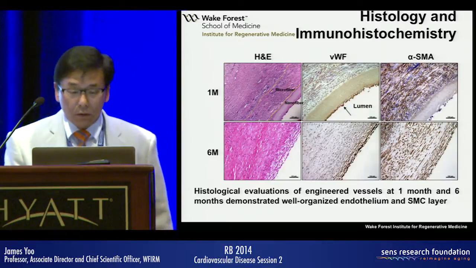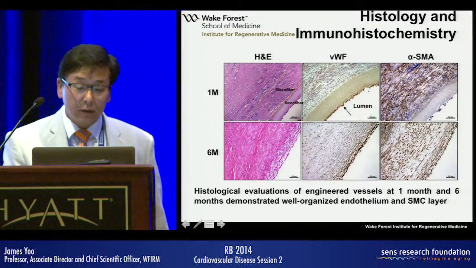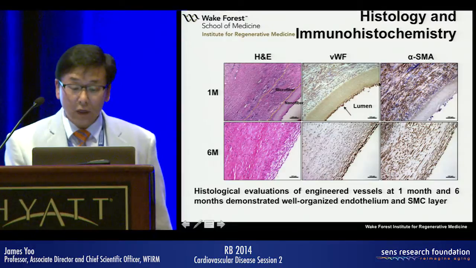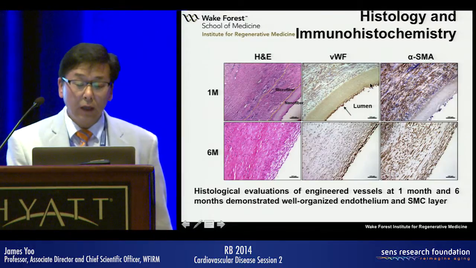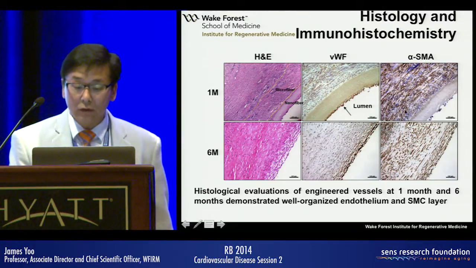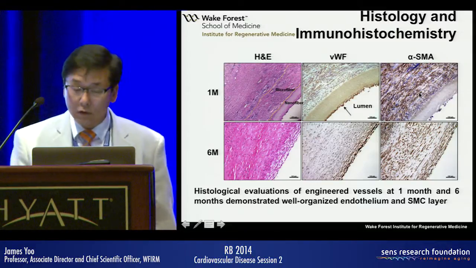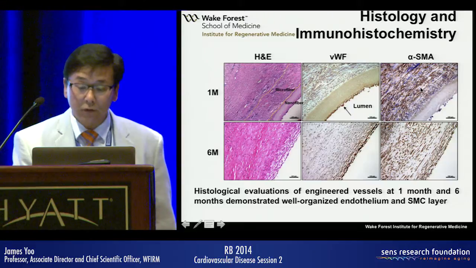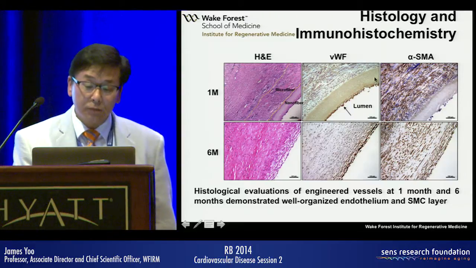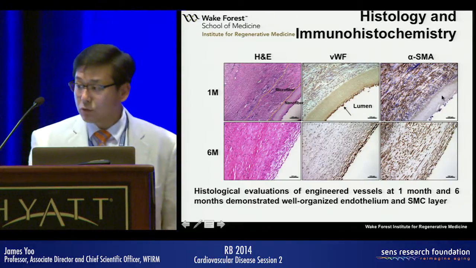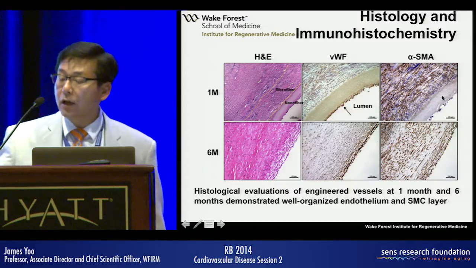Histologically, we were able to find endothelial cells covering the lumen and smooth muscle cells consisting of the outer portion of the blood vessel. This is the polymer, polycaprolactone, that has not yet degraded.